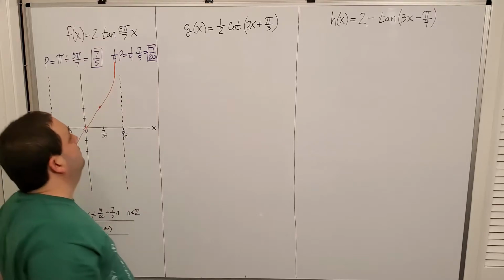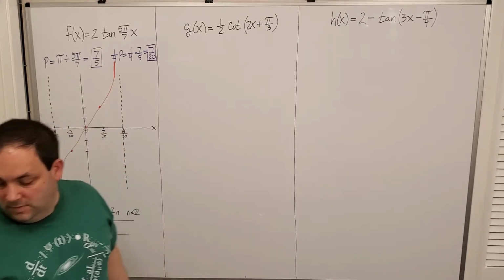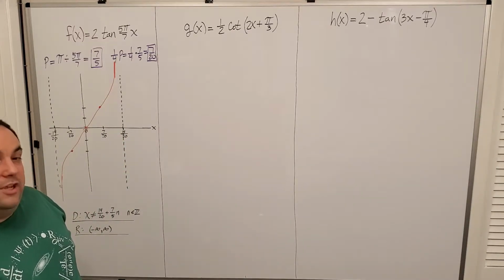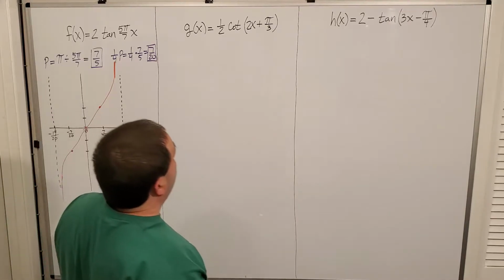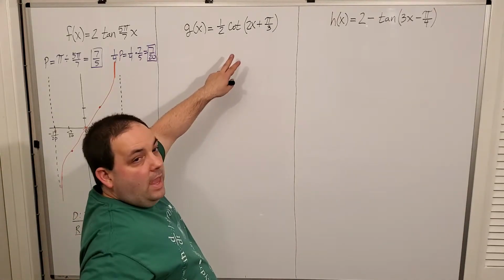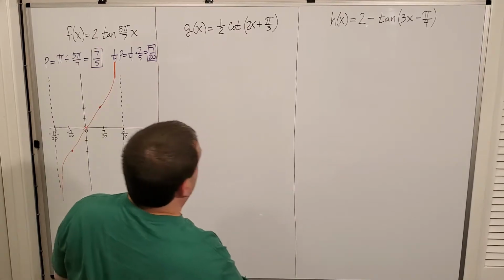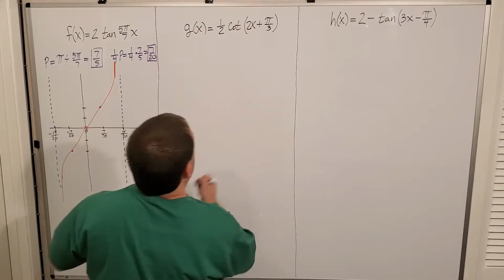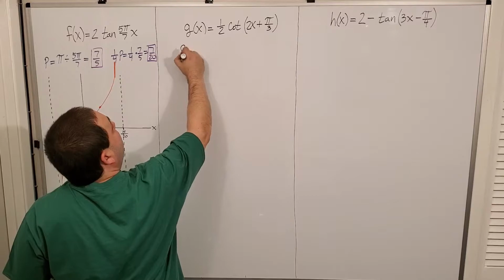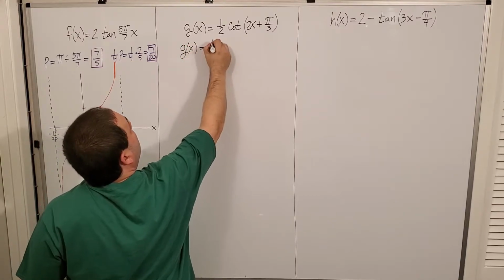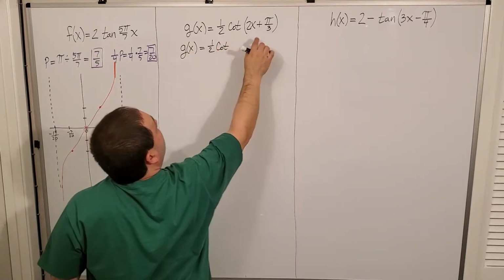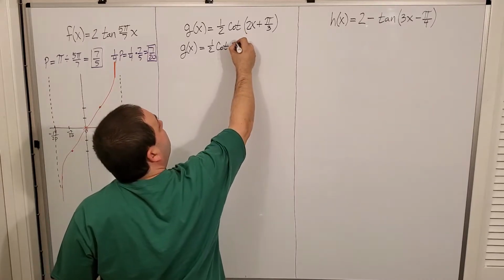Next one, cotangent. I notice that there's a shift on this one. So I'm going to start by rewriting it in that proper form that we're accustomed to using. Okay, so I've got g of x is 1/2 cotangent. I'm going to factor the 2 out.